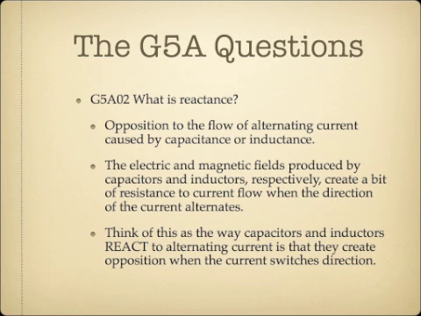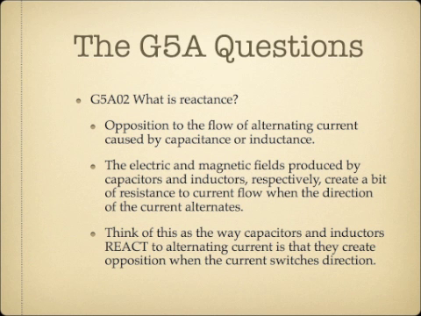What is reactance? Well, reactance is the opposition to the flow of alternating current caused by capacitance or inductance. And the two things you need to take away from this answer are the alternating current and capacitance and inductance. So reactance is caused by the capacitor's electric field or the inductor's magnetic field.